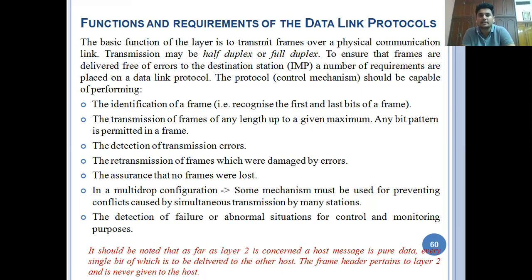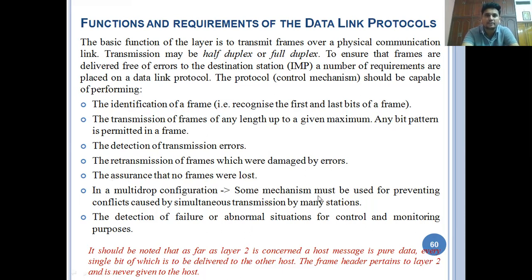Now the functions and the major requirements of the data link layer are these: identification of a frame for transmission, transmission of a frame, detection of errors, and if an error is found, retransmission of the frame. By depending on the four design issues, servicing the network layer, framing, error control, and flow control, the main functions are: identification of frame, transmission of frame, detection of errors, retransmission after identifying an error, assurance that no frame is lost in the multi-drop configuration, and detection of failure and abnormal situations.